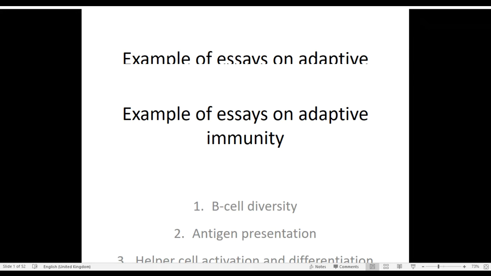And what you're going to say is the innate immune response is useful, but there's a need for it to be assisted by the adaptive response, because the innate response is not specific and does not enable us to develop an immune response specifically against a targeted pathogen.